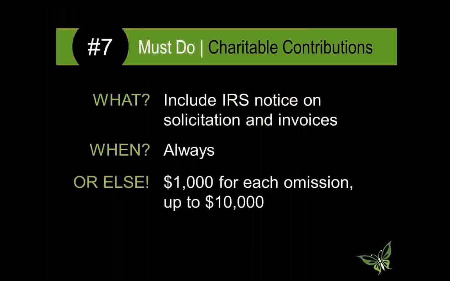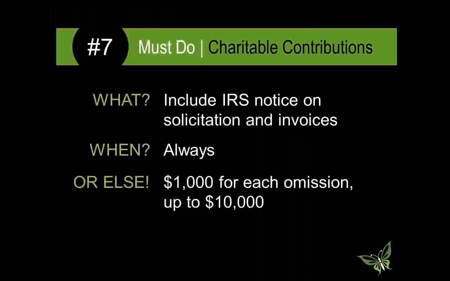So must do number 7, charitable contributions. What you need to be aware of is really very simple. I'm hoping that all of you are doing this now. But for those chapters, and again, there's not many of you that this applies to, if your annual income exceeds $100,000, regulations state that you must include an IRS disclosure notice on solicitation and invoices.